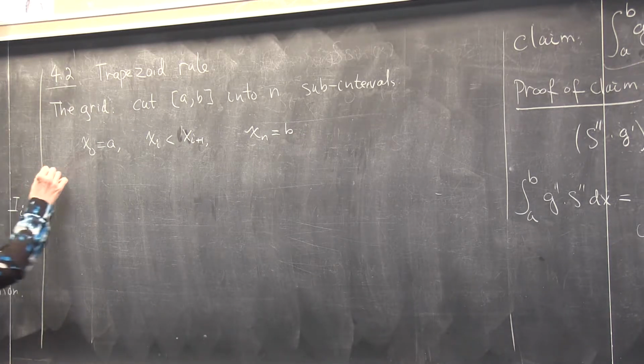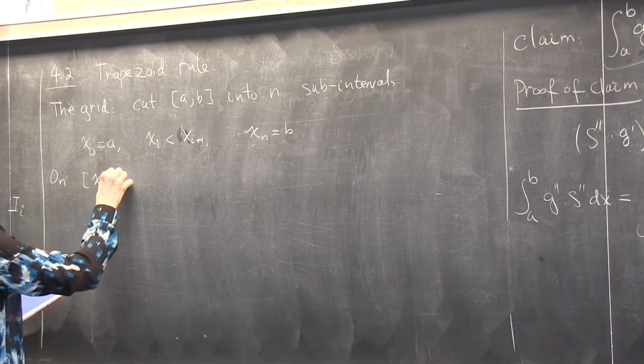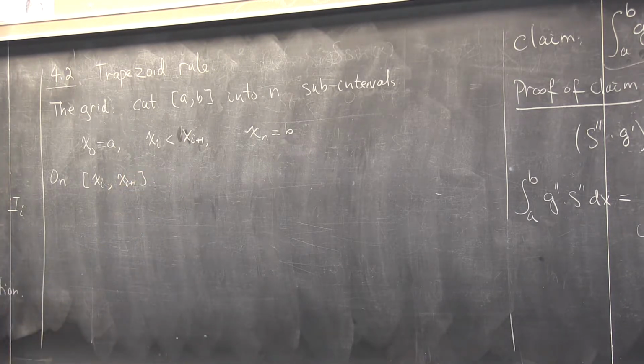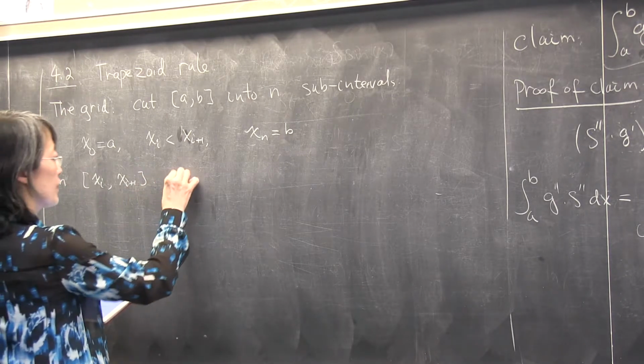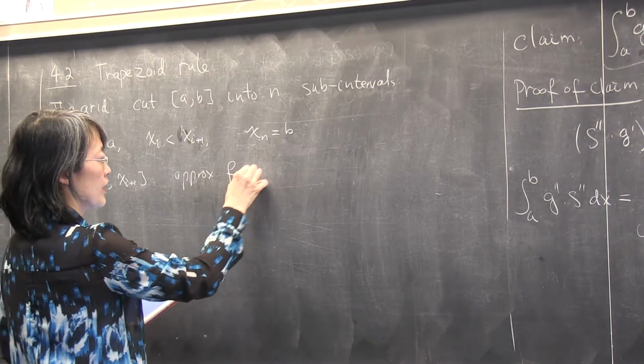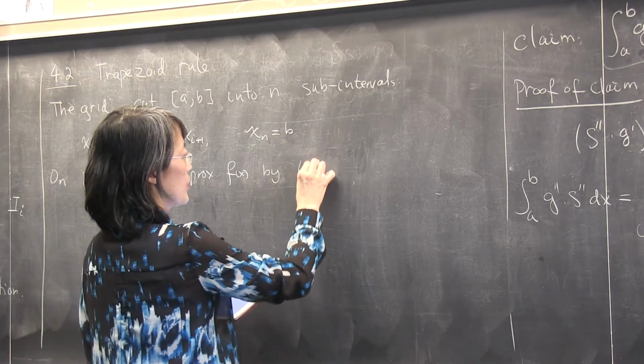Okay, and now we just need to look at an interval. On this interval, from xi to xi plus 1, we approximate f by a linear polynomial.